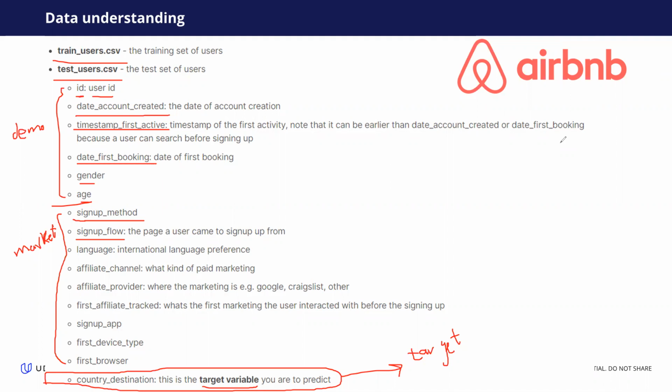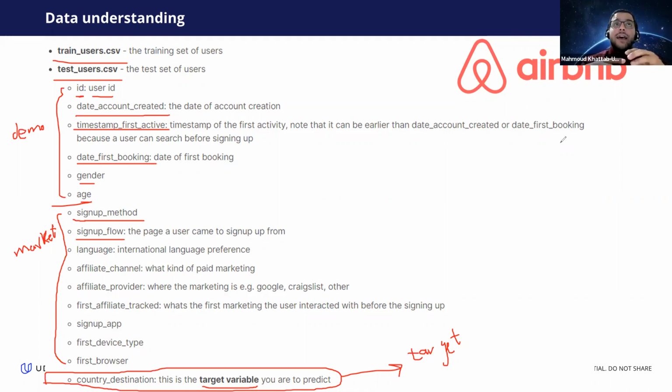From this data, I just want to know where you are from and where you went. You've traveled from Egypt, for example, or from India to the United Arab Emirates.